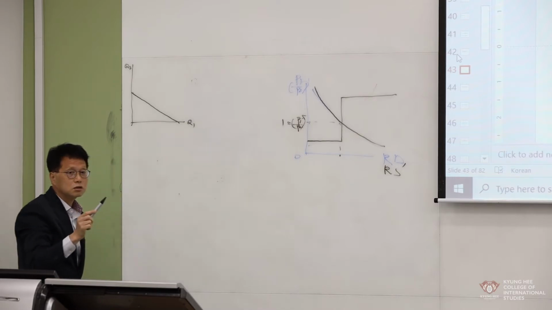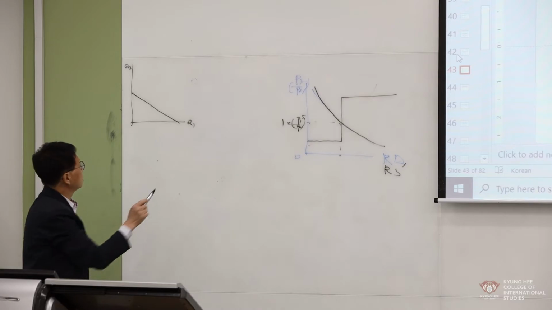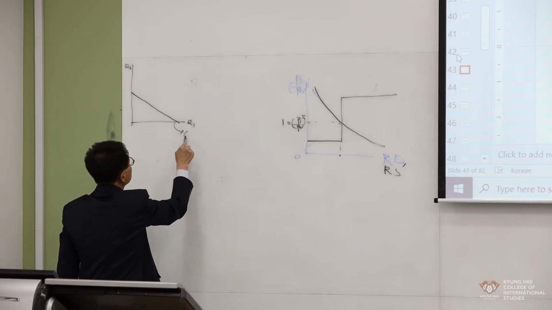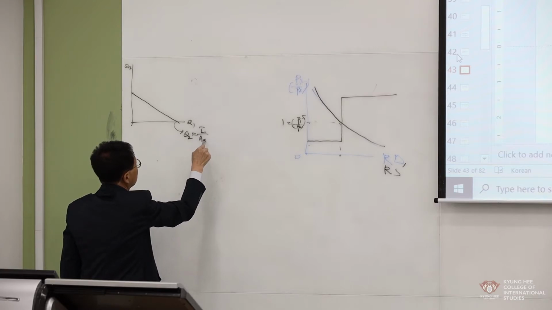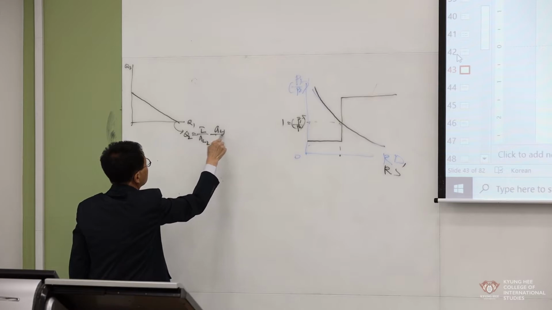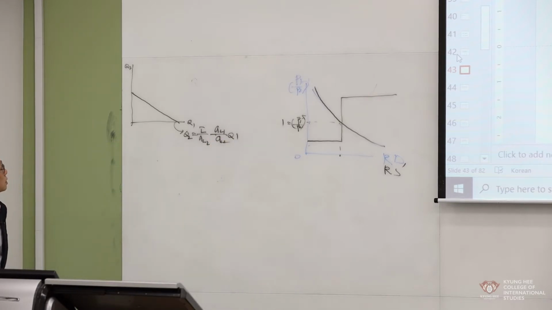That is aL1 Q1 plus aL2 Q2 equals L bar. In other words, that is equal to Q2 equals L bar over aL2 minus aL1 over aL2 times Q1, isn't it? That is the production possibility frontier in home.